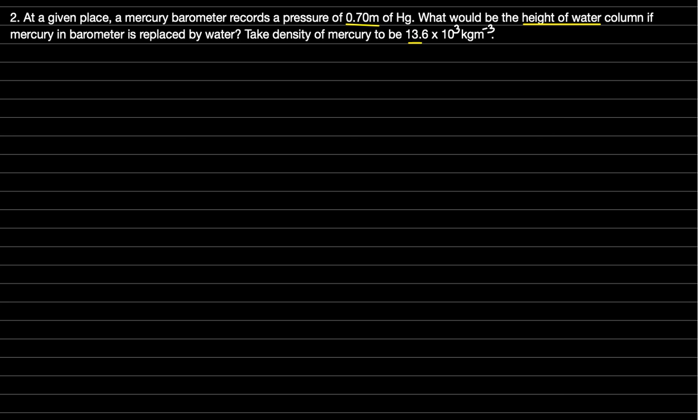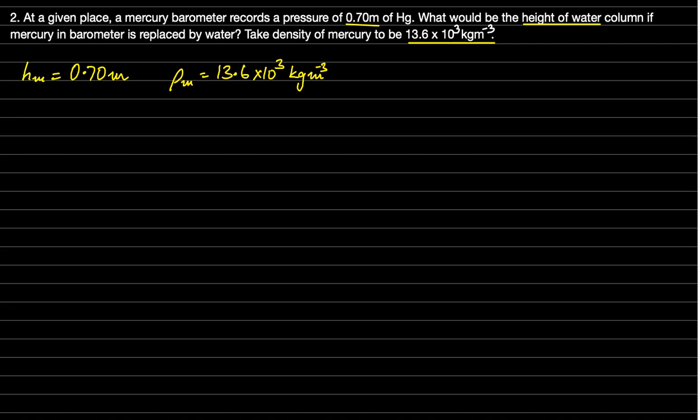Density of mercury is given as 13.6 into 10 to the power of plus 3 kg per meter cube. So here I will write height of mercury is 0.70 meters. It is already there in SI unit. Density of mercury, so that is rho m, is equal to 13.6 into 10 to the power of plus 3 kg per meter cube.